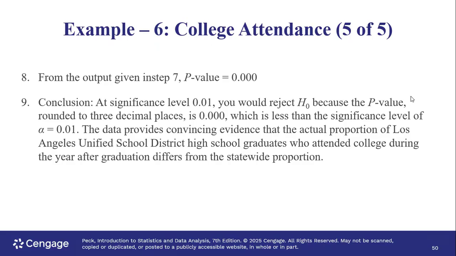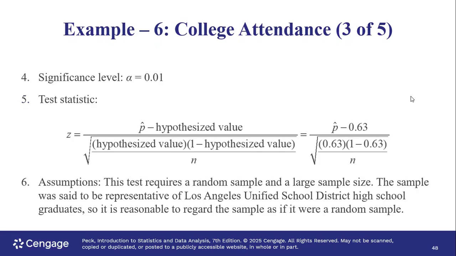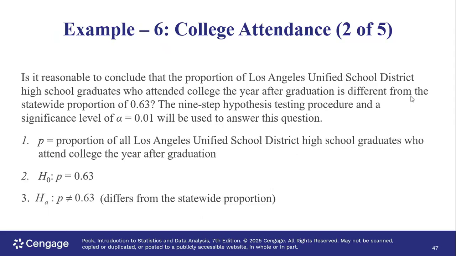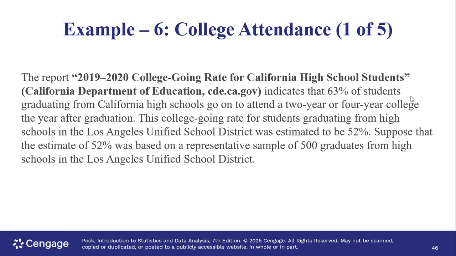Now I will show you how to do the same test using the calculator. How do we do that? We press the stat button. No, before I do that, we have to read the problem.